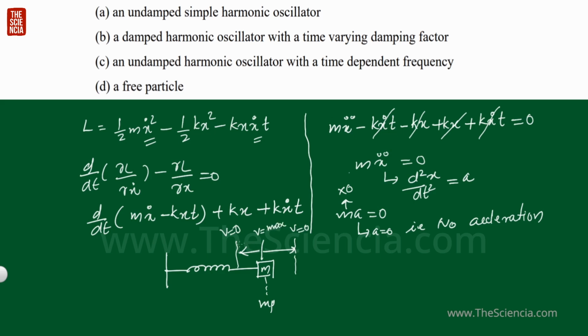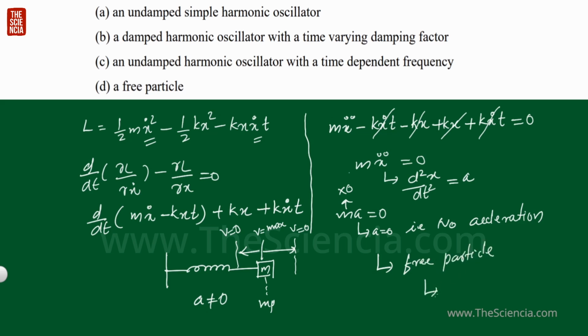So in this motion, its velocity is changing. Therefore, acceleration is not equal to 0. Whether it is a damped or undamped harmonic oscillator, there will be acceleration. But here in the equation of motion, we got the acceleration of the body as 0. That means this corresponds to a free particle.